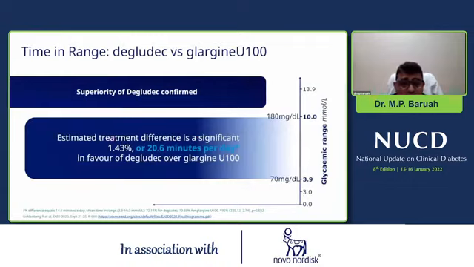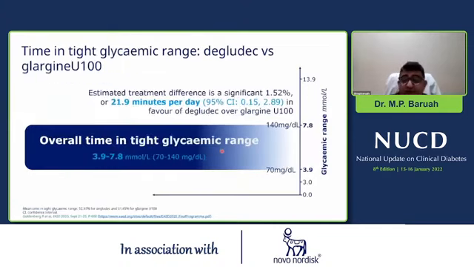First, if you look at the maintenance of time in range between the broad target of 70 to 180 milligram, there is 1.4% more chance of maintaining it with degludec, or 20.6 minutes more compared to U100.